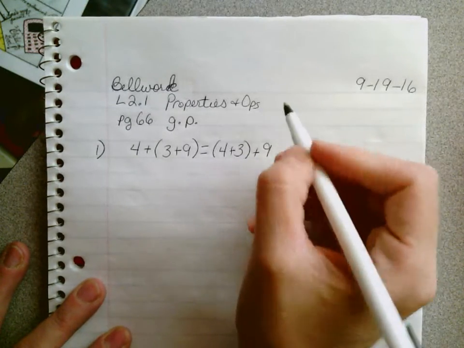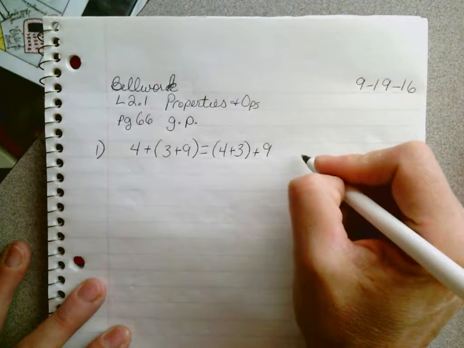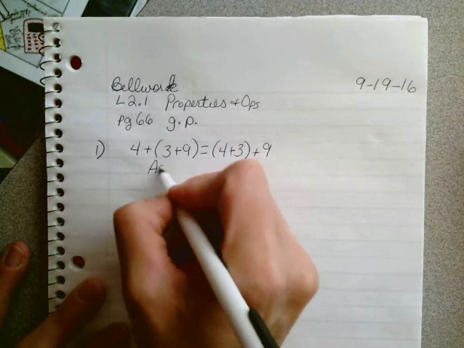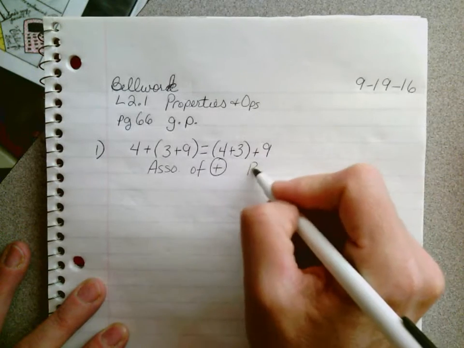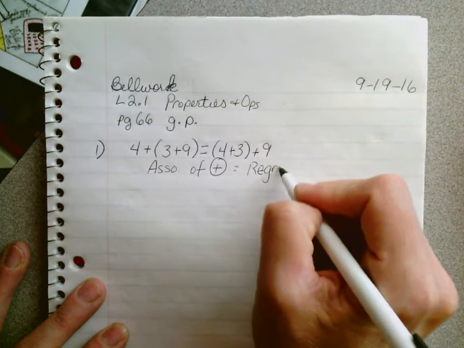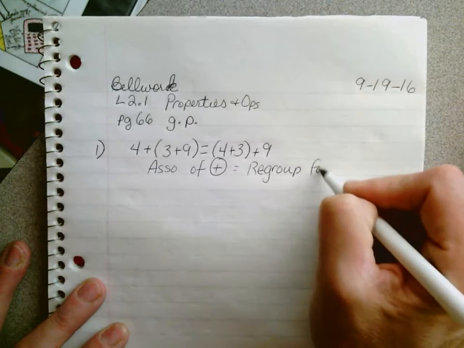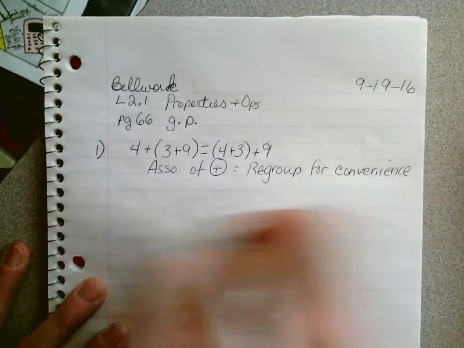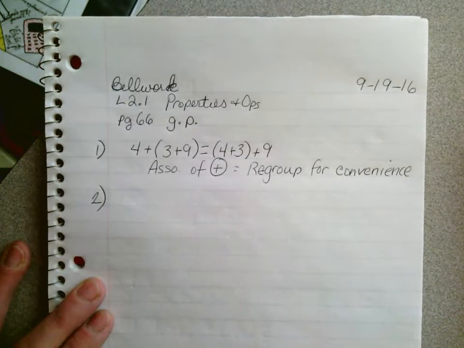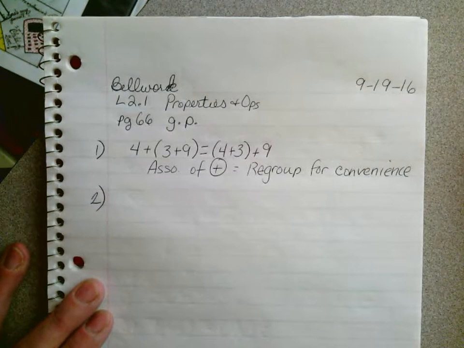Why is that? Xander, go. Yep. The associative property says that we can regroup for our convenience. Okay, that's the best way I can kind of explain it. The associative property allows us to do that.